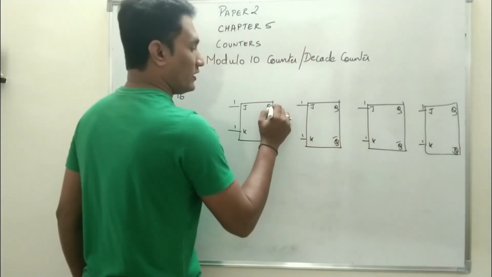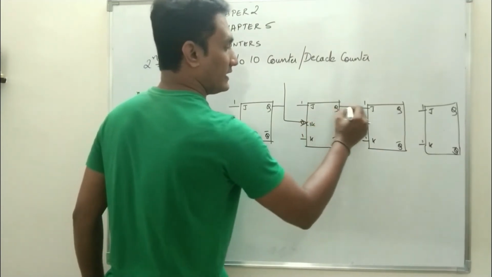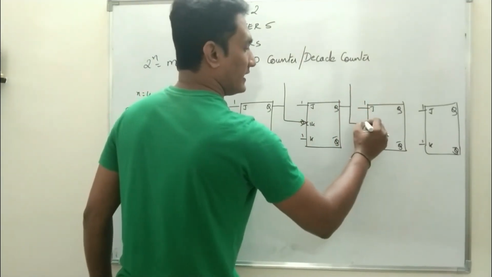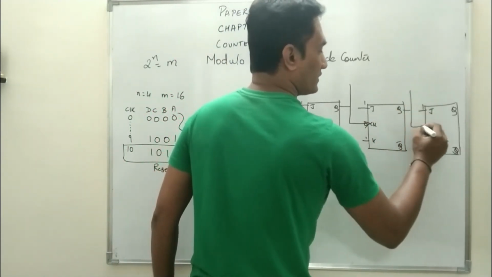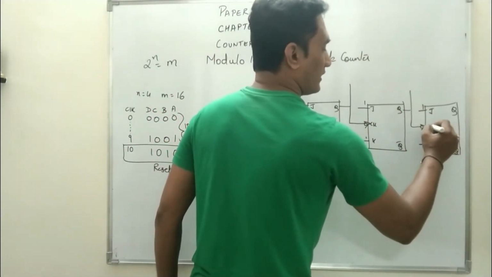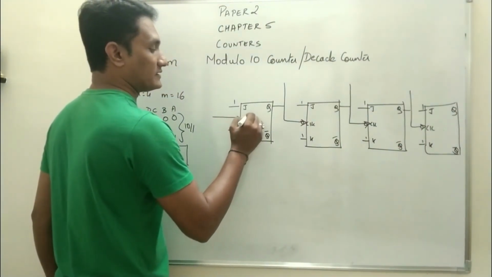The output of the first is connected as clock input for the second. Output of the second is connected as clock input for the third. Output of the third is connected as clock input for the fourth, and for the first, the direct clock pulse will be applied.